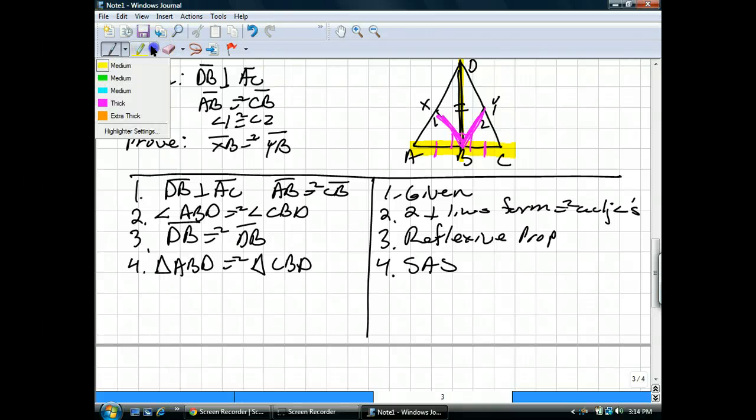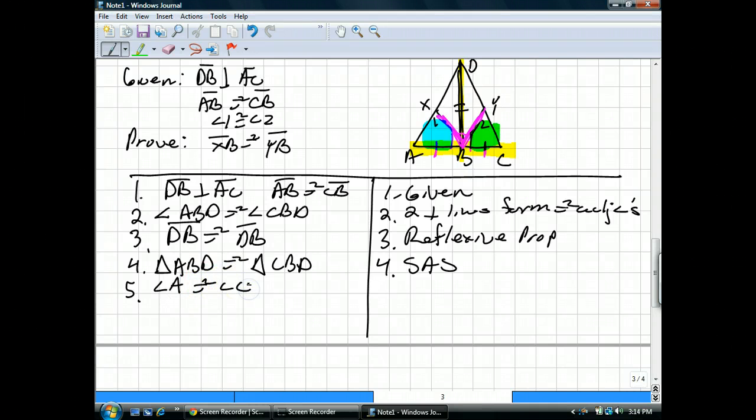Now we want to prove that this little triangle is congruent to this little triangle. Okay? So, in those little triangles, I know that angle A is congruent to angle C. And that is by corresponding parts of congruent triangles are congruent.